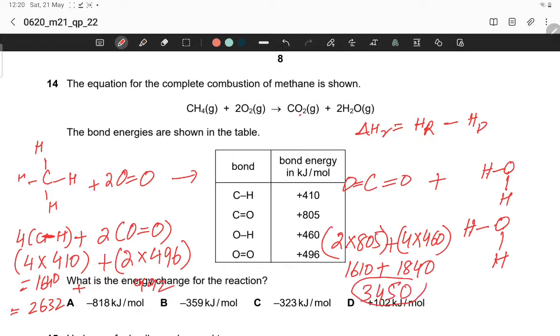So this is heat of product and this is heat of reactant.